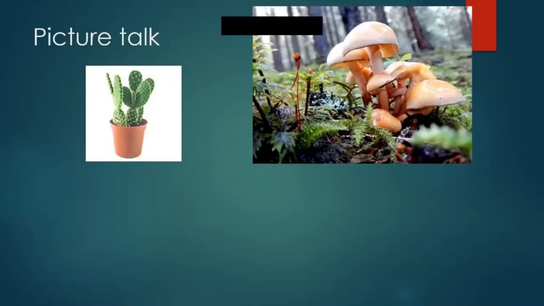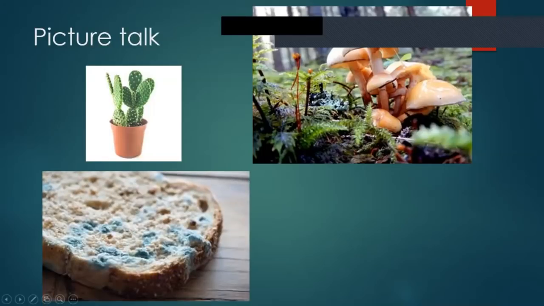These are non-green plants. These plants don't have chlorophyll. But these are living things. They grow on dead and decayed plants. So they get food from the dead and decayed plants. Right, children? Now I'll show one more picture. See, observe the picture.